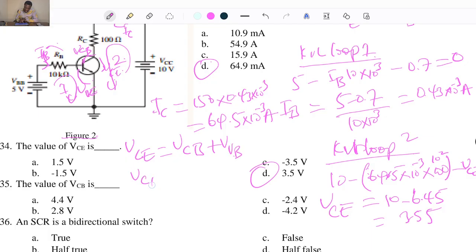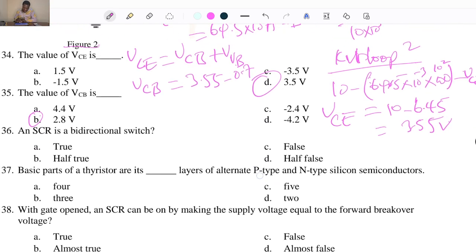So VCB becomes, we know VCE to be 3.55, then minus 0.7. So we have 3.55 minus 0.7. We get 2.85. So the answer here is 2.8.